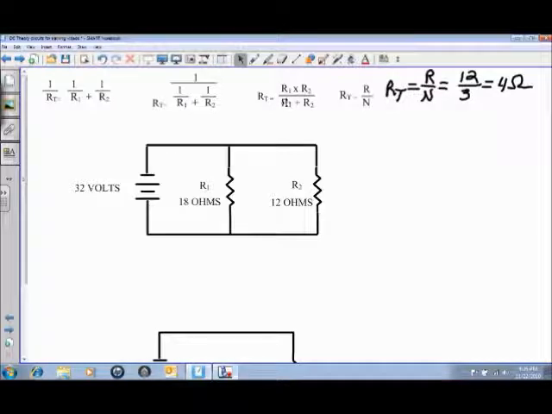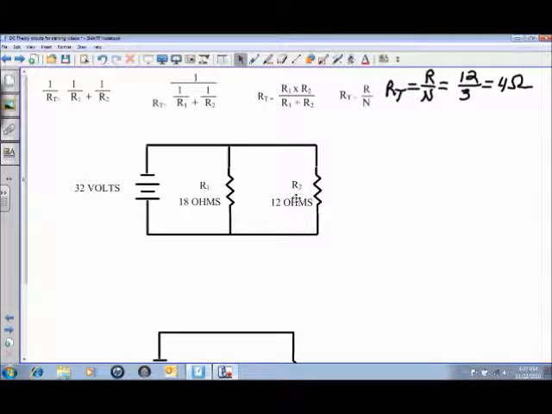The next one is the product over the sum. Now the product over the sum is okay for a circuit like this one. You only have two resistances, and it would be exactly what it sounds like: the product, R1 times R2, divided by R1 plus R2. If you have more than two resistors in a circuit, you can still use the product over the sum, but you have to combine them more than one time.